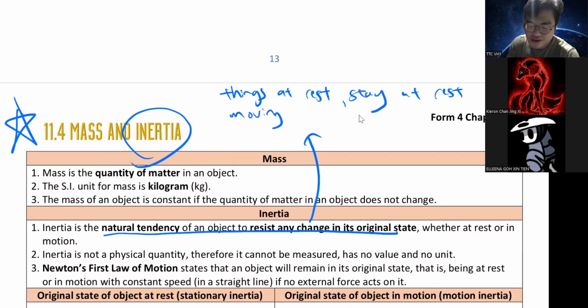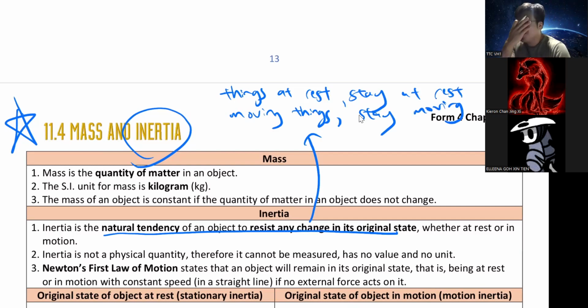Moving things stay moving. That means if you are at rest, not moving, you would try your best not to move. If you are moving, you will try your best to keep moving without stopping.